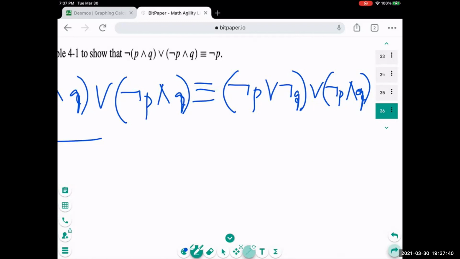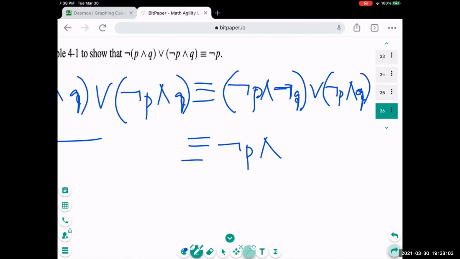So, yung 4B, so pag pinactor out natin yung negation ng P, tama ba to? Oops, sorry. Nabaliktad yung symbol.